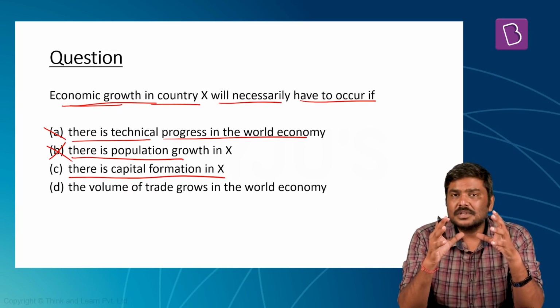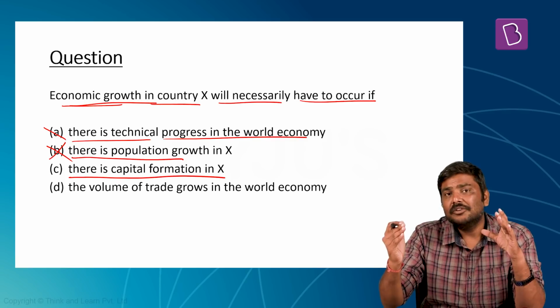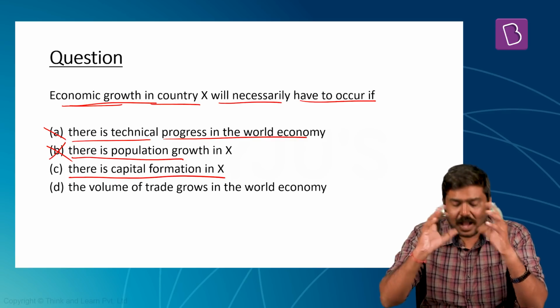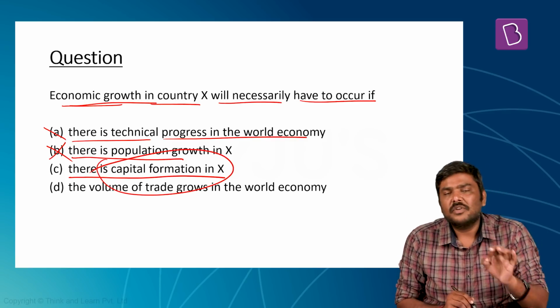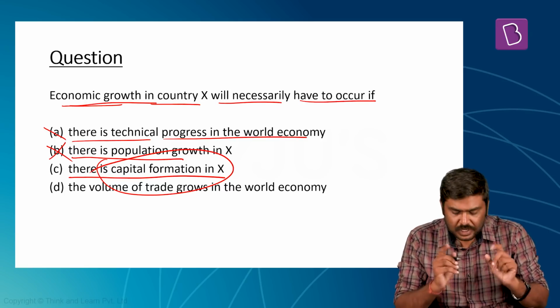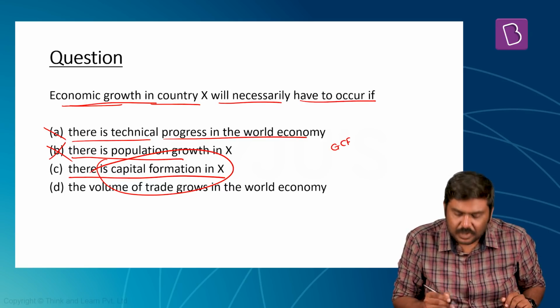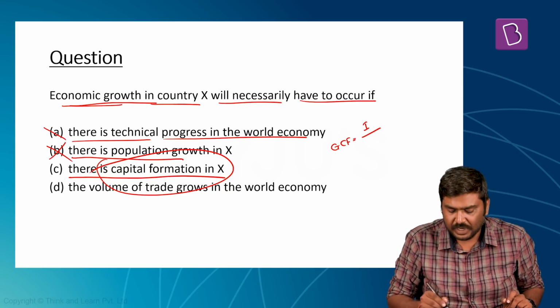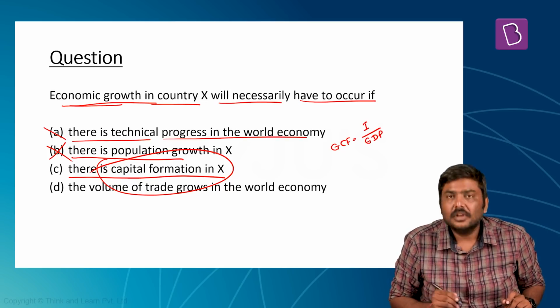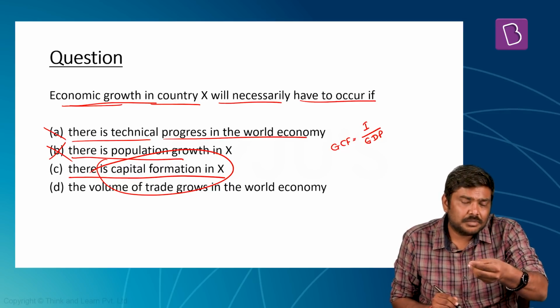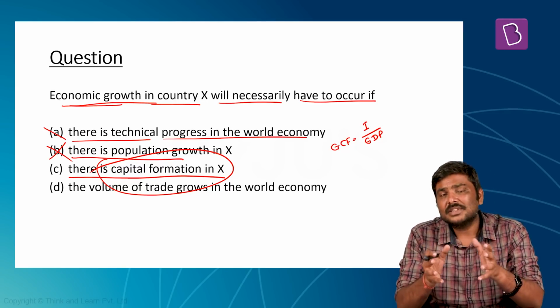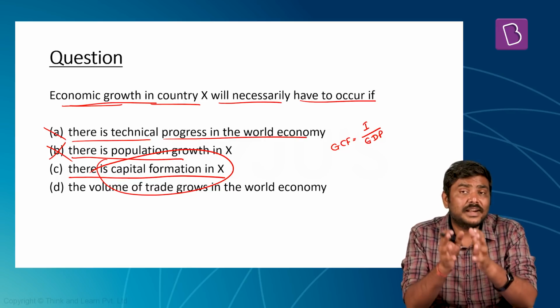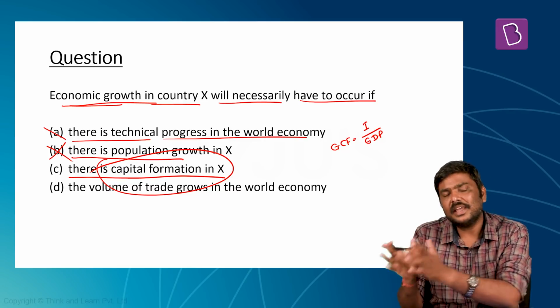So in simple terms, these kind of investments which will be done in the market are calculated in the form of a capital formation. Usually the formula that is used is gross capital formation is equal to the investment done by the economy divided by GDP. Or else I can put it in simple terms, the capital formation represents an investable surplus that is held with the stakeholders in the economy.